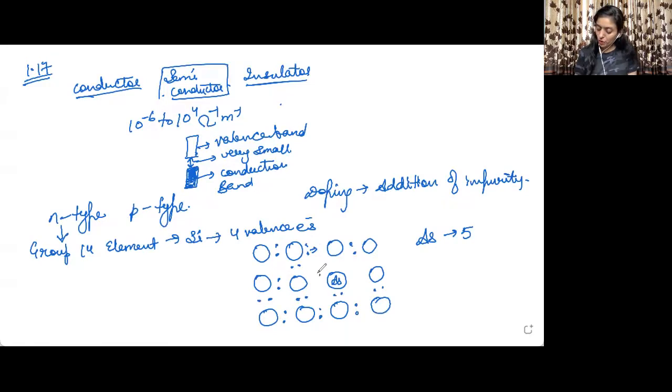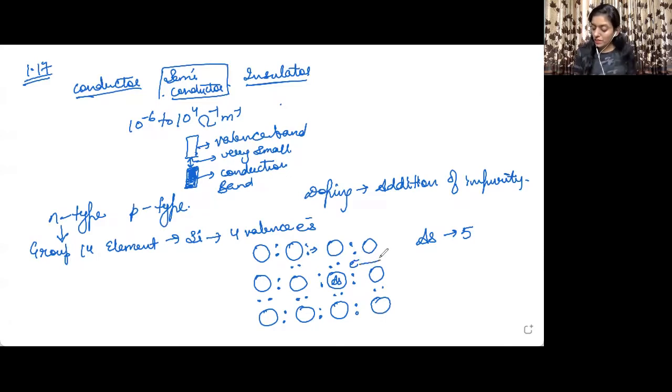Arsenic will be able to form 4 bonds and 1 electron will remain free, because it has 5 valence electrons. 4 are available for bonding with silicon, but the 5th electron cannot bond with silicon, so that electron is going to be free.